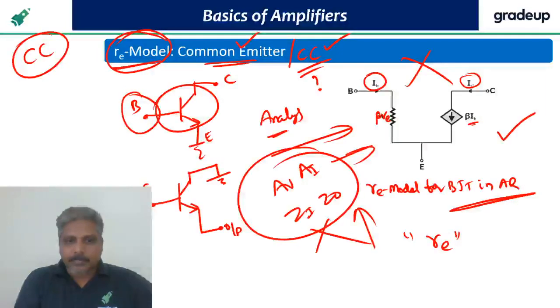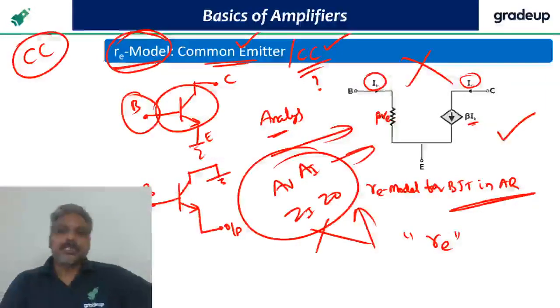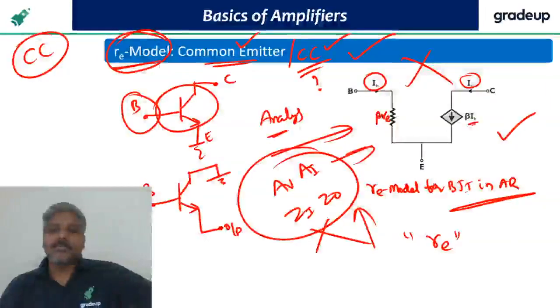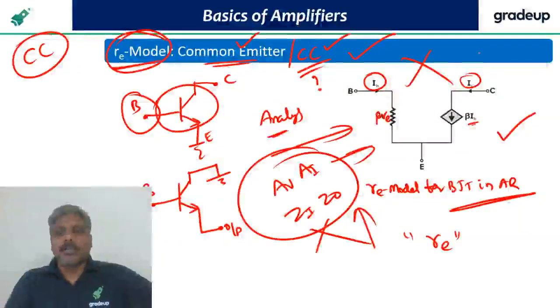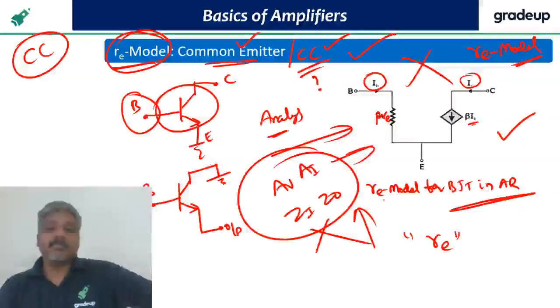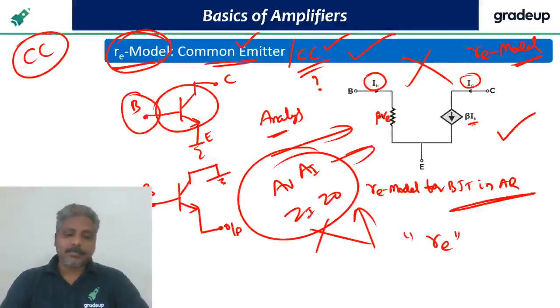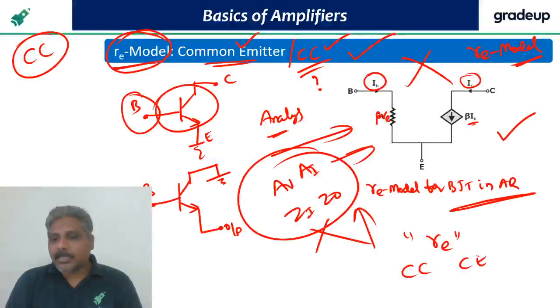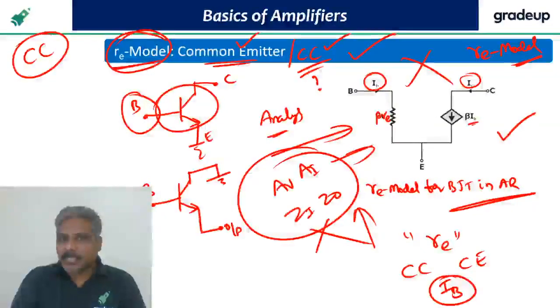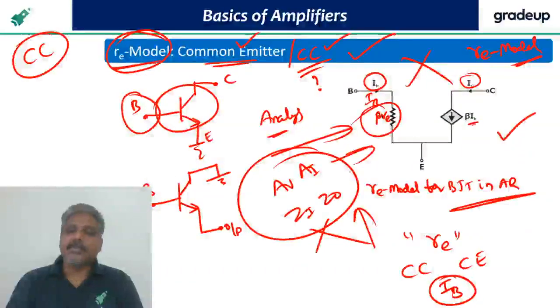Rest remains same. So the same RE model can be used for the CC amplifier also. That is another advantage of having the RE model. For common collector and common emitter, the input current is same, base current is same. That means here also it is IB, there also it will be IB. So beta RE remains same.